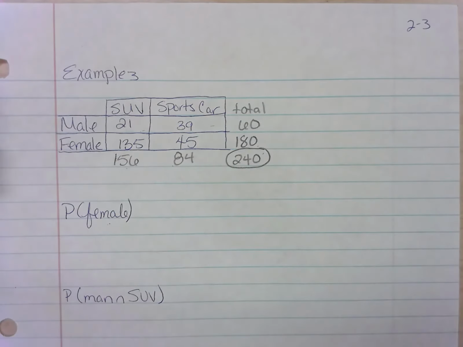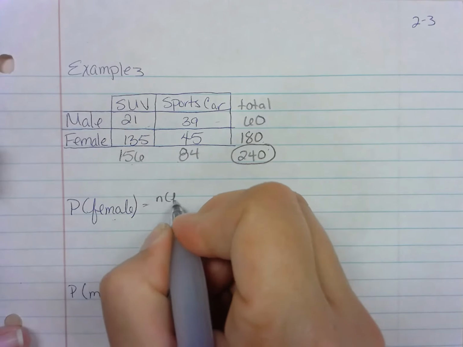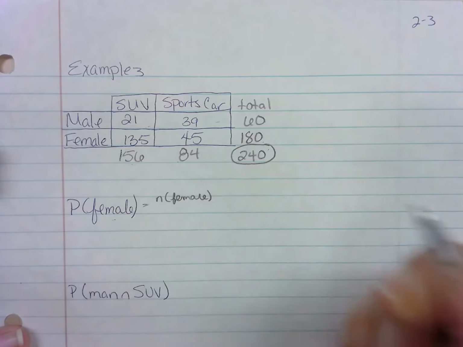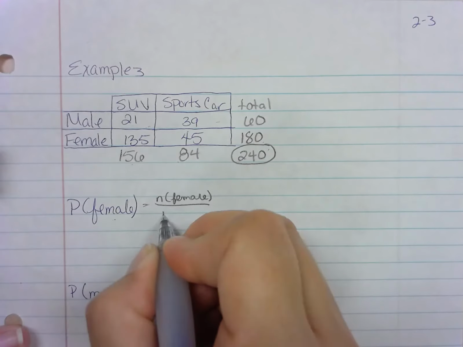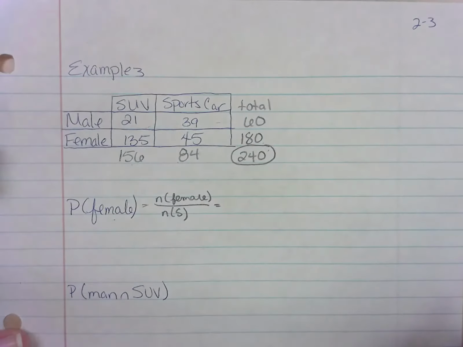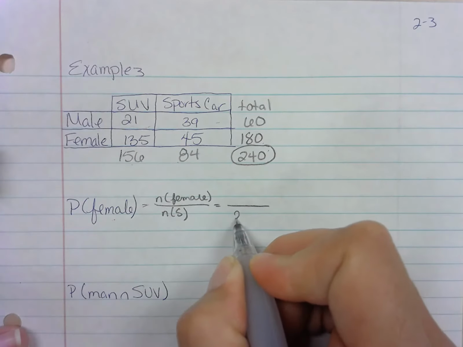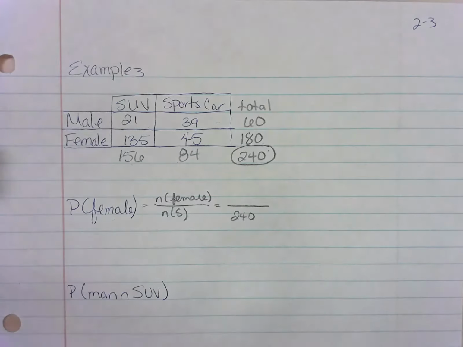So we're going to use these numbers to calculate the probability that someone who responded to our survey was a female. We need to know the number of elements in the group for a female over the number of elements in the sample space. Well, the number of elements in the sample space is just how many people responded to the survey. There were 240 people who responded to that survey.